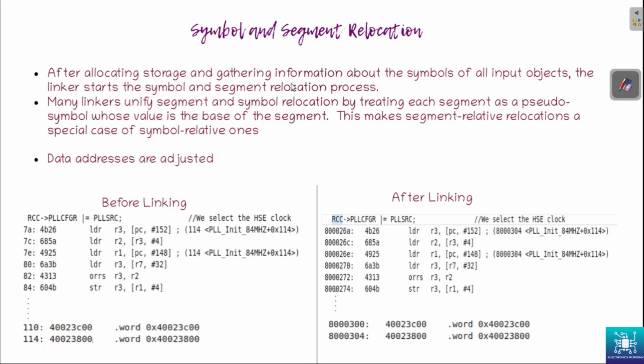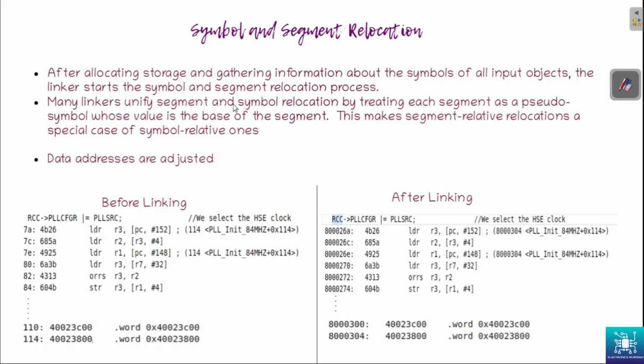So after allocating storage and gathering information about the symbols of all input objects, the linker starts the symbol and segment relocation process. So in the first pass it checked all the symbol tables, all the relocation information, everything checked, and then most linkers unify segment and symbol relocation by treating each segment as a pseudo symbol.